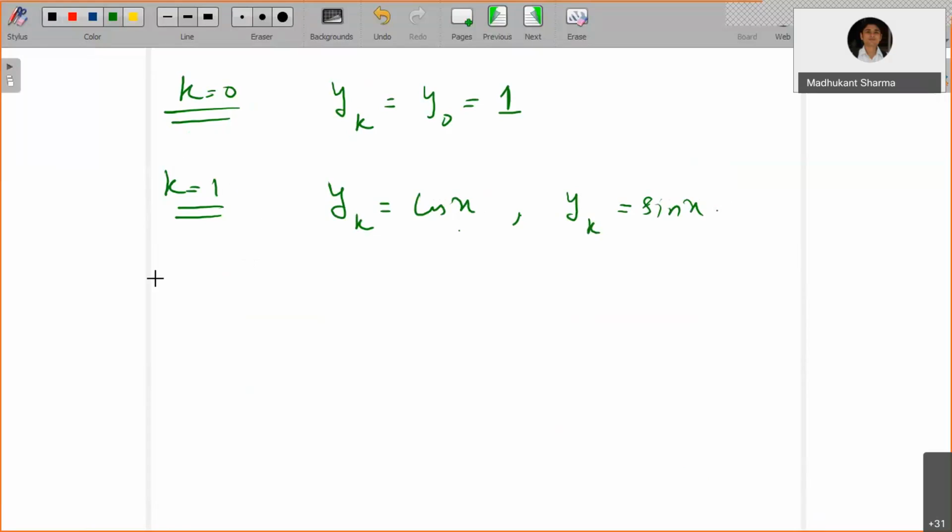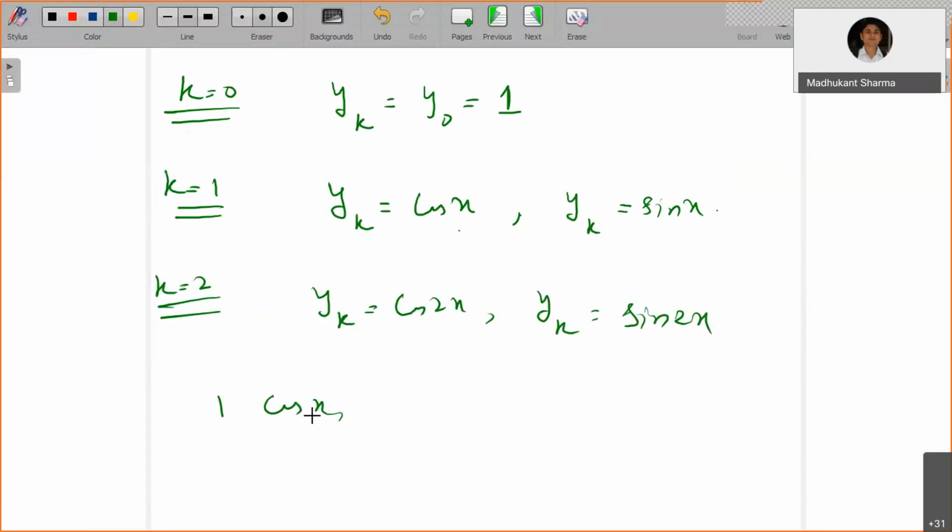For k equals 2, one eigenfunction is yk equals cos 2x, another is yk equals sin 2x. And so you have 1, cos x, sin x, cos 2x, sin 2x, and so on, sin 3x, cos 3x, and so on.